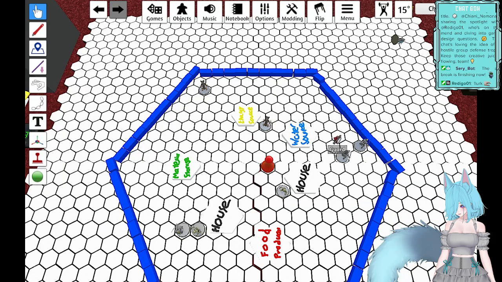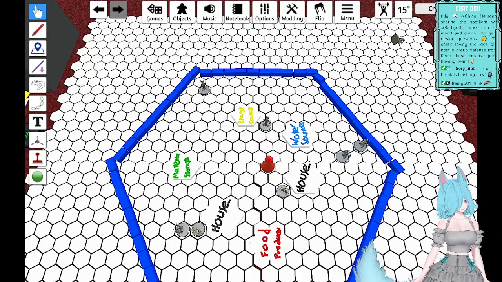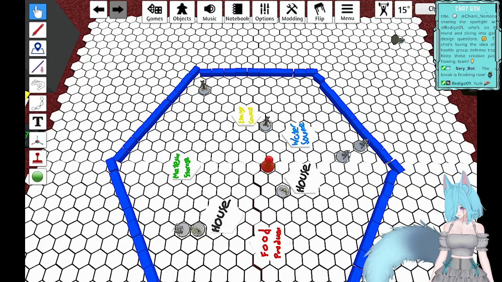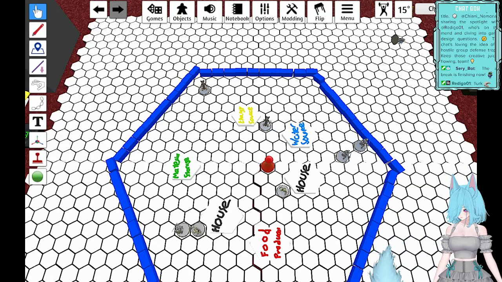Unless this guard decides to walk up here. Then again, it's not gonna be a problem this turn.